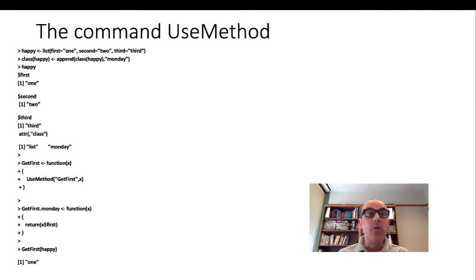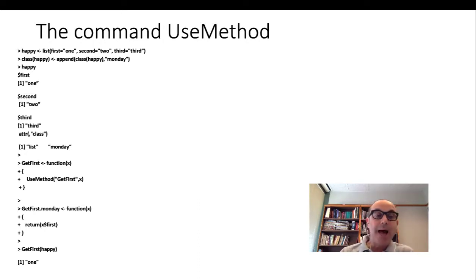Happy, and I will define it as a list, where the first is 1, the second is 2, and the third is 3. So the class is happy, and I will use the function append, and it will extend the vector here. Then when I say happy$first, it comes back with 1, and if I say happy$second, it will say 2.